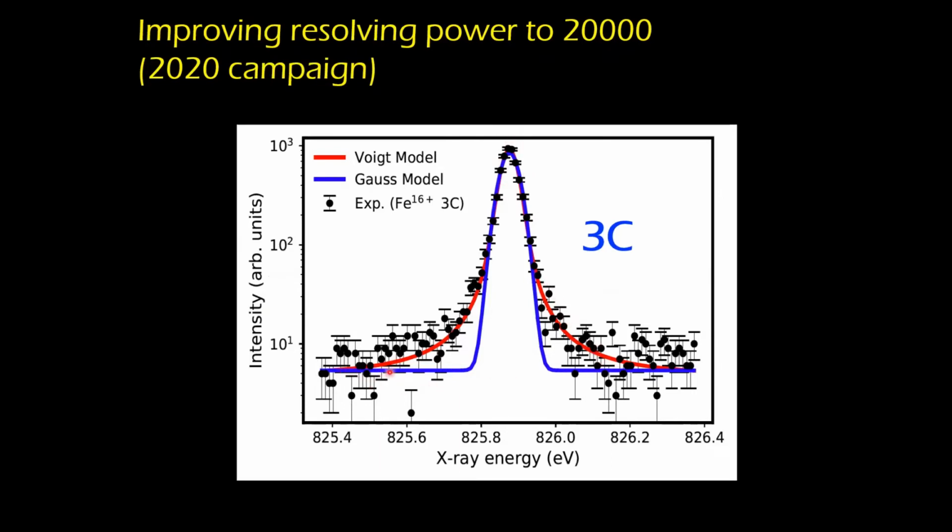Here you can see line 3C if you model it with only a Gaussian function, and if you use a Voigt, which is the convolution of Gaussian and Lorentzian functions, then you get this red curve. Because of this Lorentzian line width, which is inherent to the natural line width of 3C, we see a difference in the intensity between the two models.